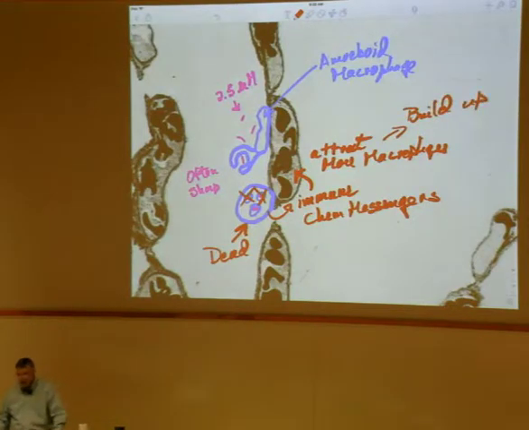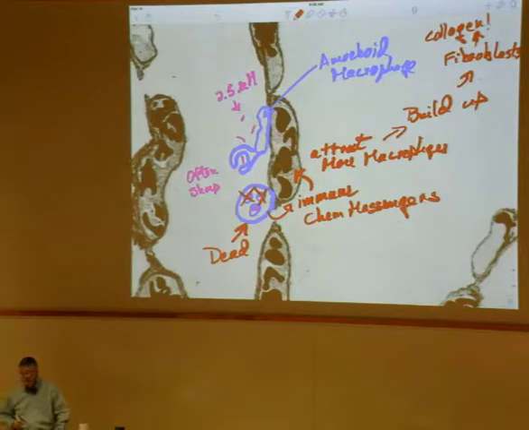And eventually, if there's enough of them, they start stimulating fibroblasts, which are repair cells, secreting lots and lots of collagen.